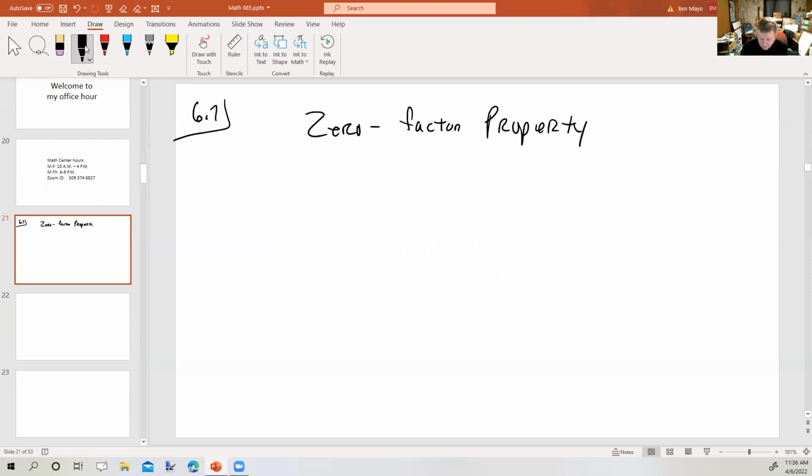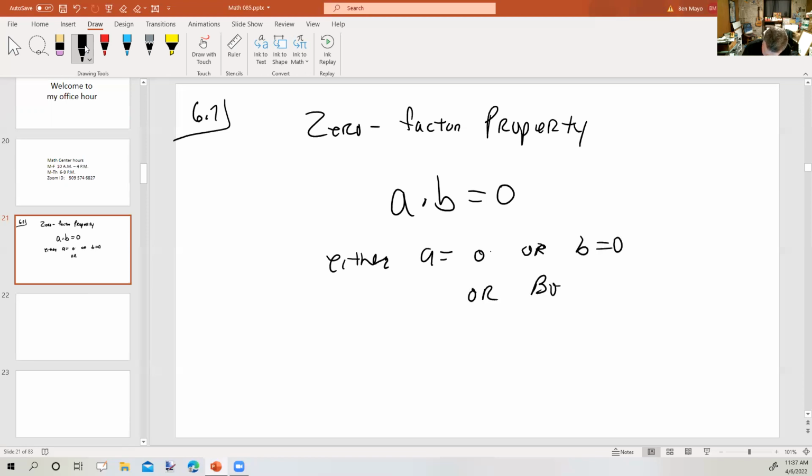Basically, it says this: if A times B equals 0, then either A equals 0 or B equals 0, or both A and B equal 0. So if you have a product of two quantities and the result is 0, at least one of the factors, A or B, or maybe both of them, has to be 0.